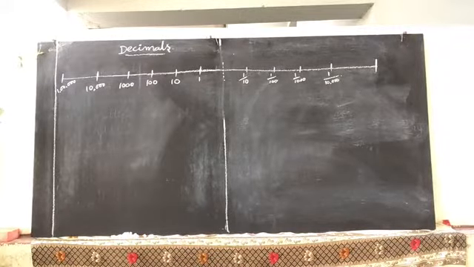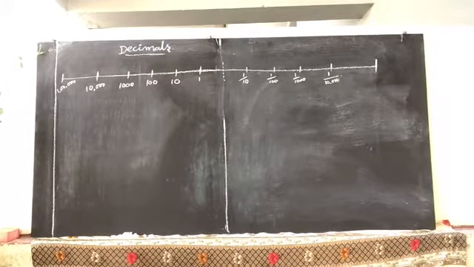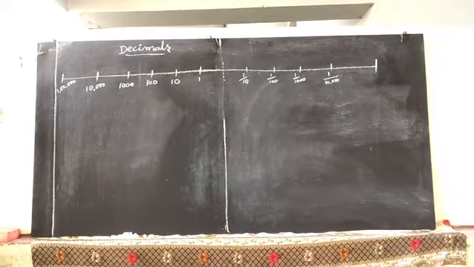Multiplying the 100's place with 10, you get the 1000's place. Multiplying the 1000's place with 10, you get the 10,000's place. Multiplying the 10,000's place with 10, you get 1 lakh. And 1 lakh into 10 gives 10 lakhs. Like this, you will get the next greater places, and so on.